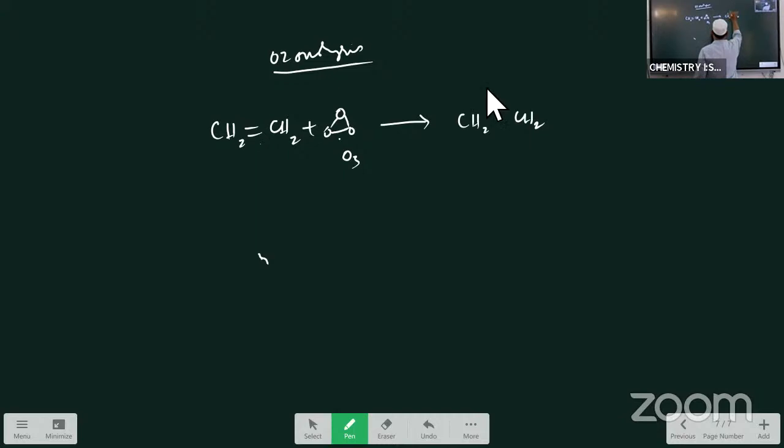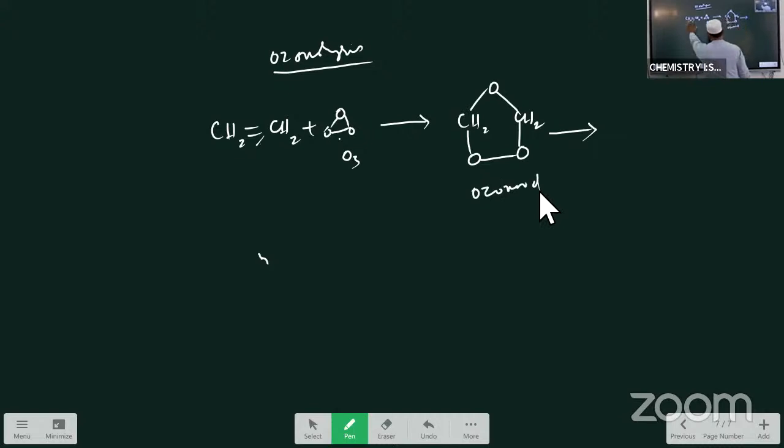For the addition of ozone, we have to lift two bonds like this. Writing CH2 side by side, we put the three oxygens like this. This is called the intermediate, the ethylene ozonide.